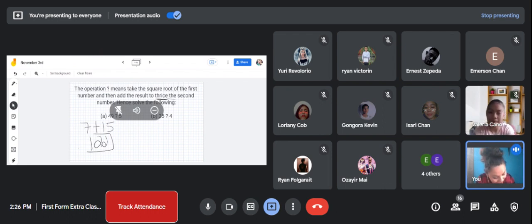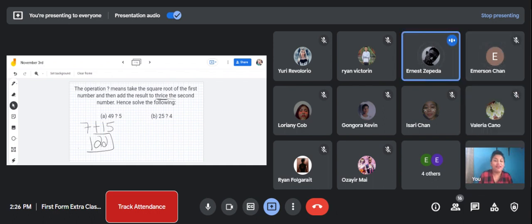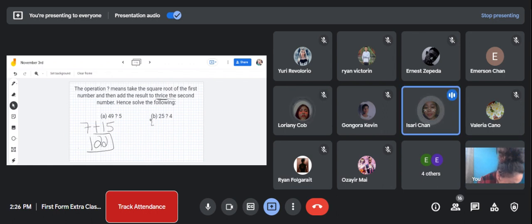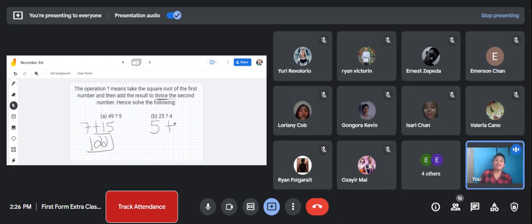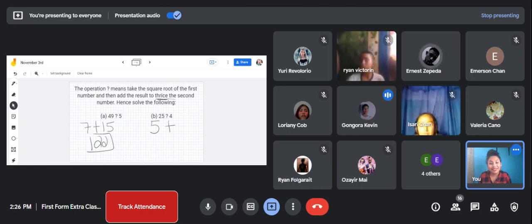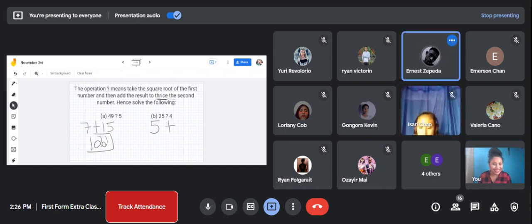Now, let's move on to the second question. What is the square root of 25? 5. Very good. What is thrice 4? 12. Why 12? 4 plus 4 plus 4.